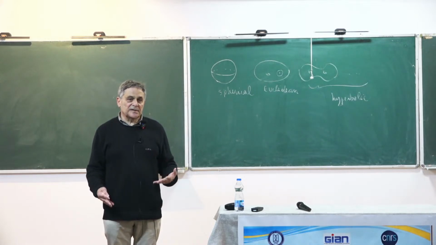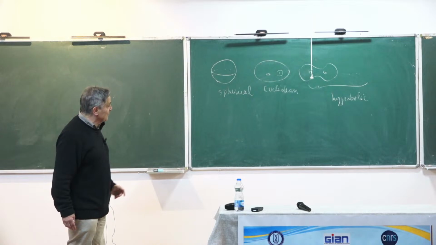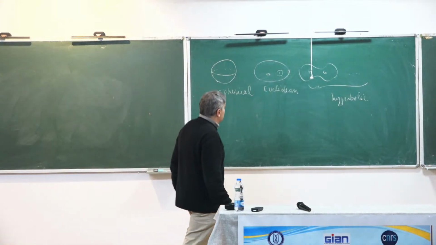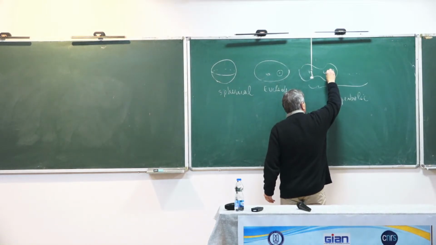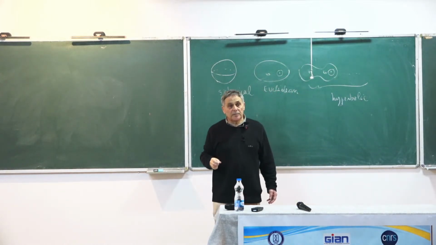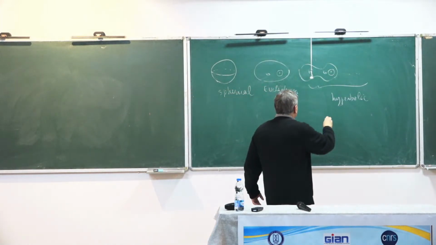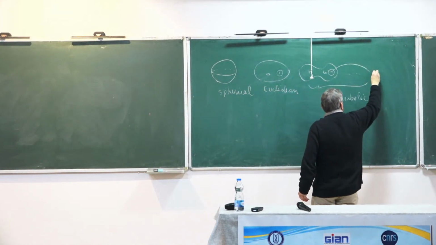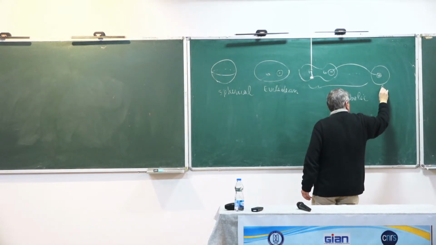There's a more precise definition, which I don't want to tell you. It's the same definition here: every point has a disk neighborhood which is isometric to some disk in the Poincaré plane, the hyperbolic plane.